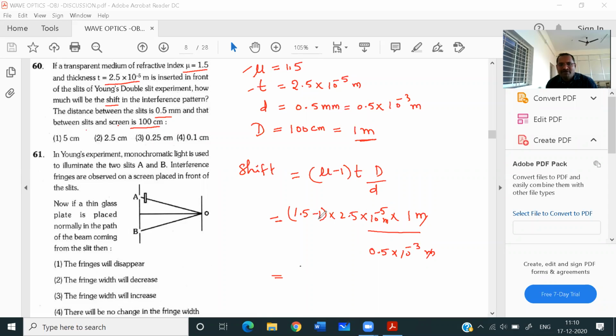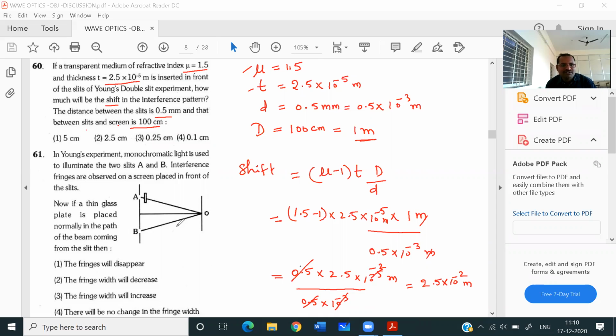1.5 minus 1 is 0.5, into 2.5 into 10 to the power of minus 5 meters, upon 0.5 into 10 to the power of minus 3. 0.5 and 0.5 cancel. 10 to the power of minus 3 cancels with 10 to the power of minus 5, you get minus 2, means 2.5 into 10 to the power of minus 2 meters.